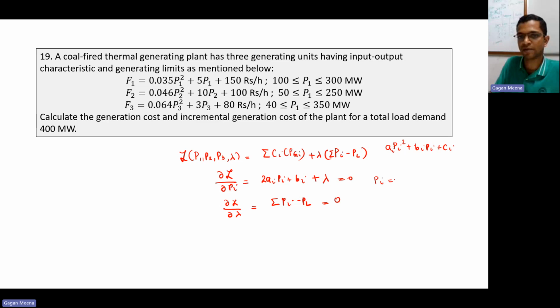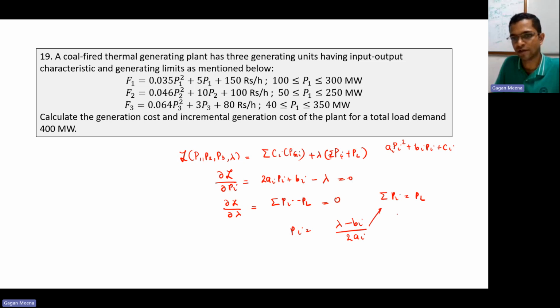Now from here you can write P_i equal to (lambda minus b_i) divided by 2 a_i.